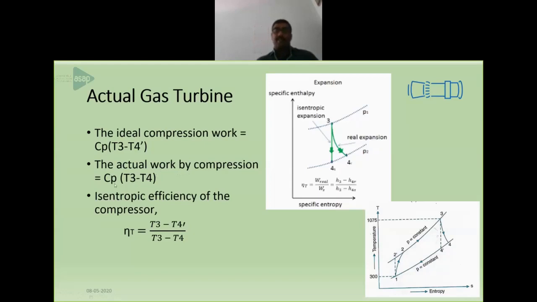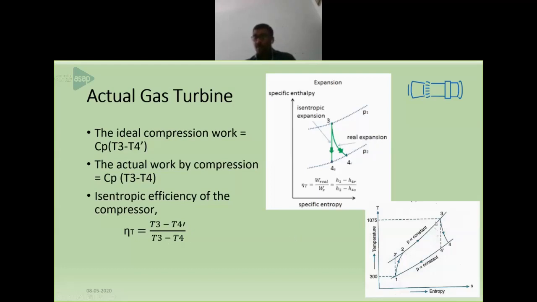The actual work by the turbine is Cp into (T3 minus T4). In comparison, the efficiency of the turbine is equal to (T3 minus T4) divided by (T3 minus T4 dash).